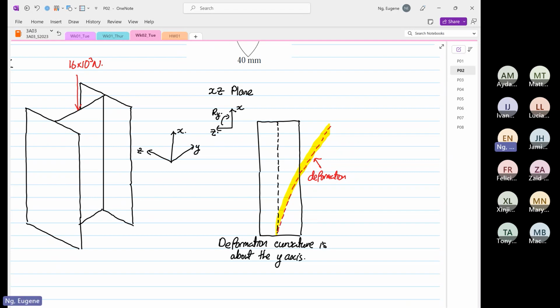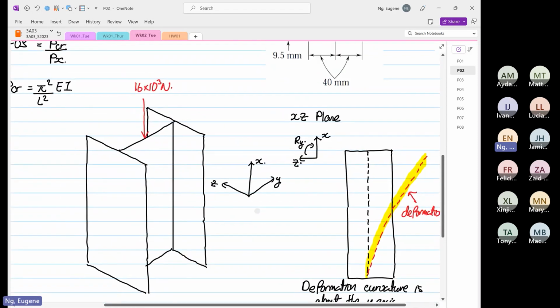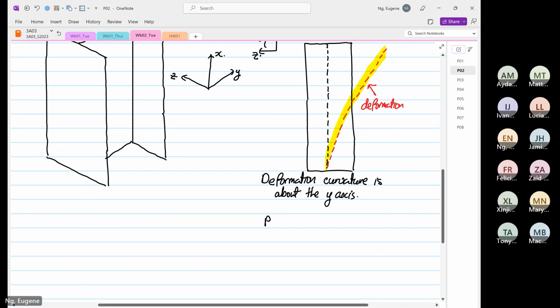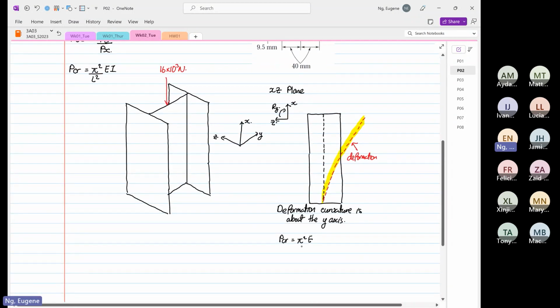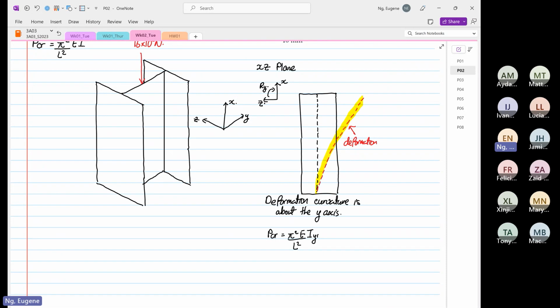So for this case, the formula that we're going to use to determine the P critical will be equal to pi squared E over L squared. Now the I will be IYY, the second moment of area about the YY axis. I repeat again, the second moment of area will be about the YY axis.